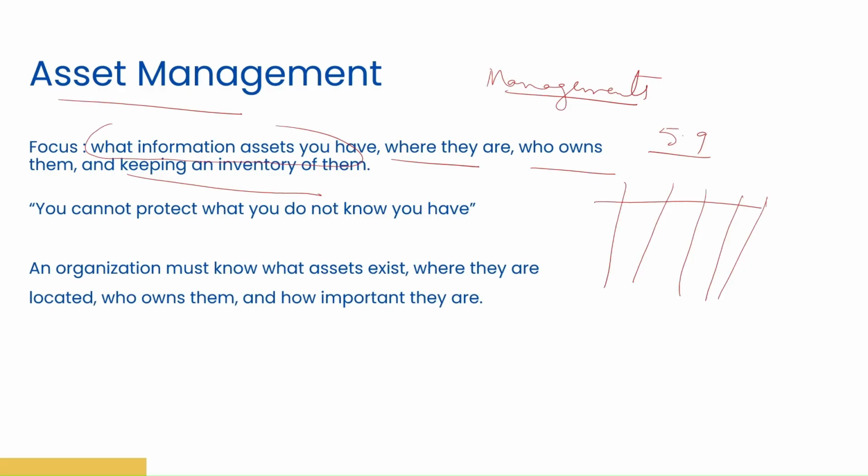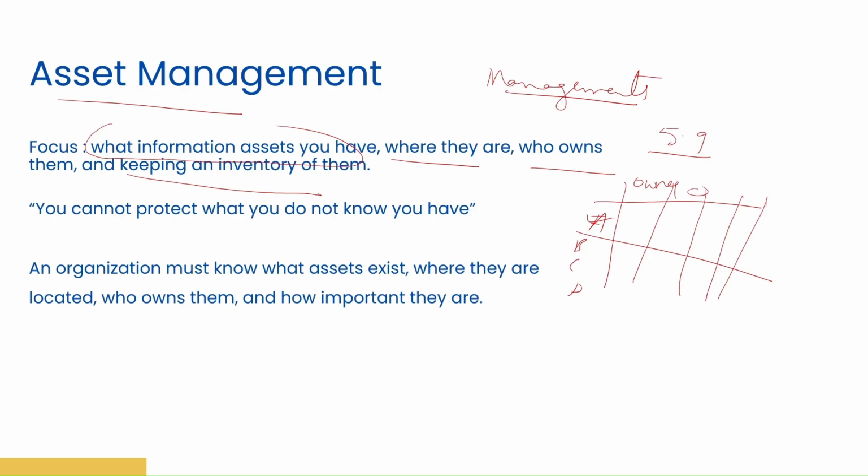Make sure you maintain an inventory where you make a note of all the assets that you have, A, B, C, D, whatever assets. Maybe you have laptops, servers, your cloud subscription, all those are assets. So what assets you have in your project, make a list of it, put an owner who owns the asset, and then keep an inventory of those assets in your organization.